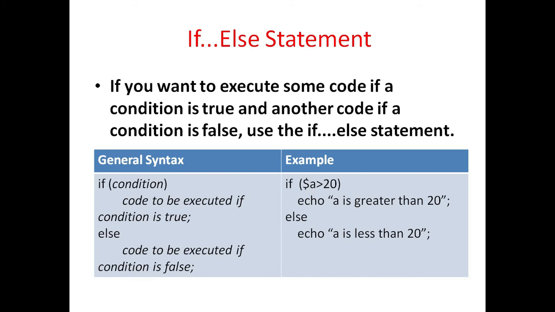An example: if $a > 20, echo "a is greater than 20", else echo "a is less than 20". That is, if the value of a is greater than 20, it will print "a is greater than 20", else it will print "a is less than 20".